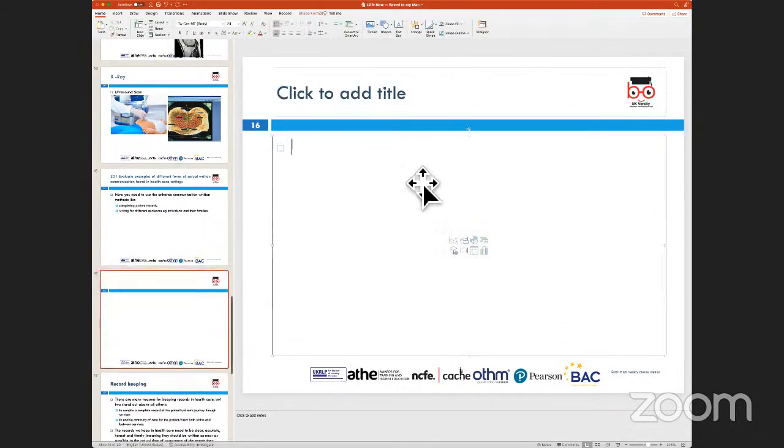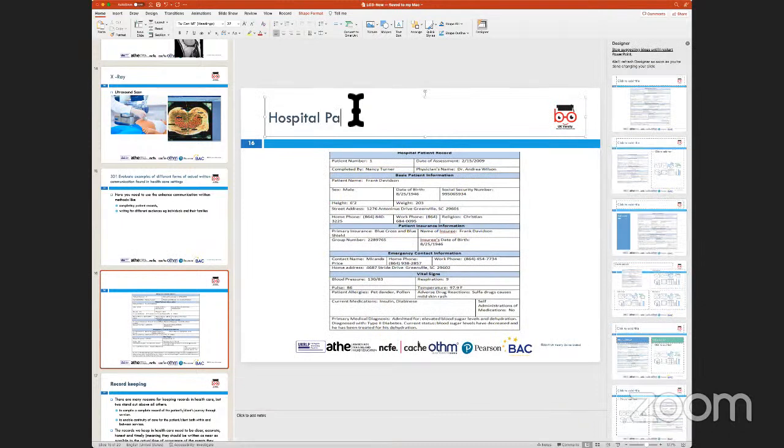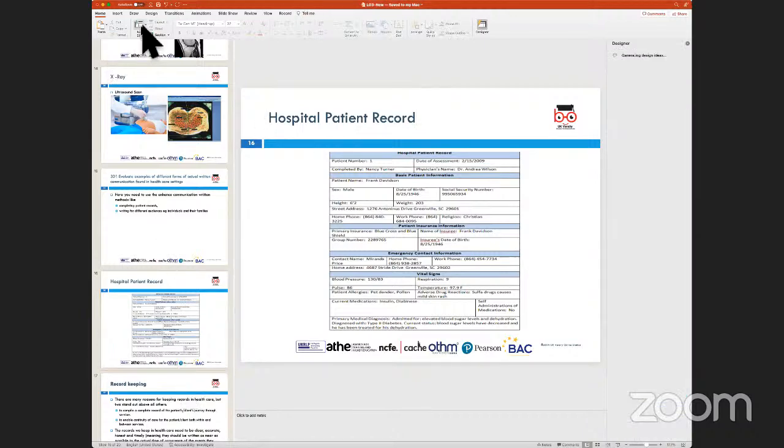So if I put a picture across here, now this is a hospital patient record, and this is an actual example that you're taking to discuss the different forms of written communication which is used in a health and social care setting.